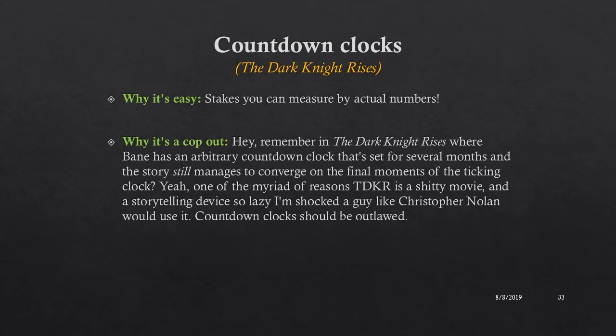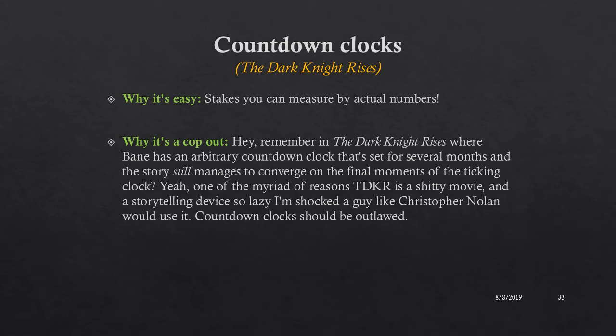Countdown clocks. The Dark Knight Rises has one of these. So why it's easy? Stakes you can measure by actual numbers. Why it's a cop-out? Hey, remember in The Dark Knight Rises where Bane has an arbitrary countdown clock, set for several months, and the story still managed to converge on the final moments of the ticking clock?